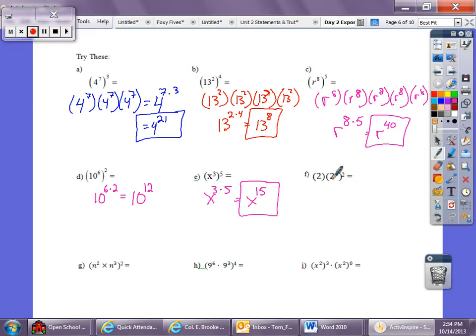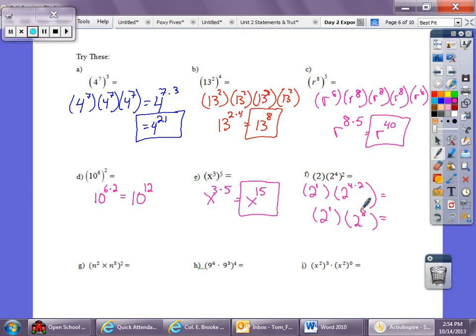And now we have 2 and then 2 to the 4th to the 2nd. What we know is that this is 2 to the 1st here, and then this one I'm going to have times 2 to the 4th to the 2nd, which will give me 2 to the 1st times 2 to the 8th.